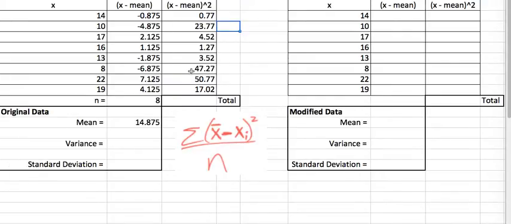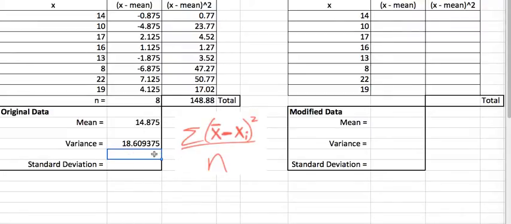These are the squared differences from the mean, so now I need to add these up. I get 148.88, and I need to divide that by 8. And I get a variance of 18.609 and so on.